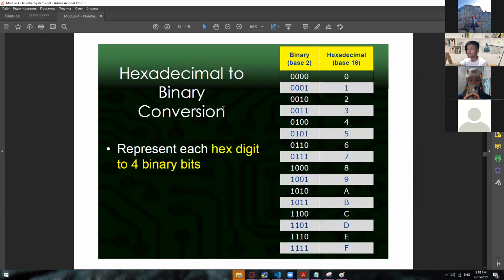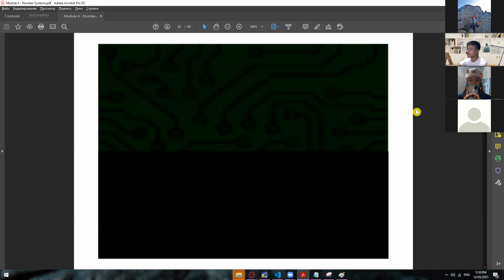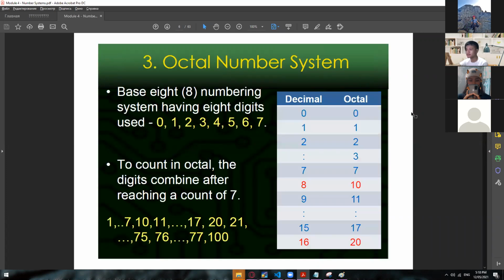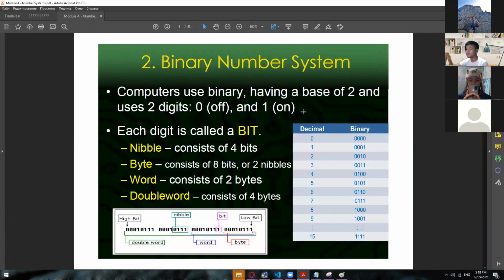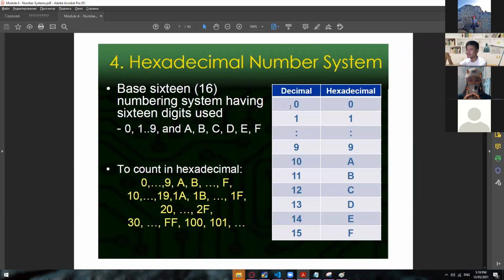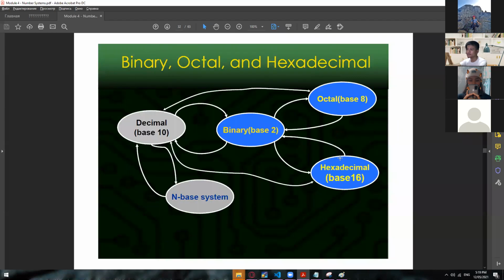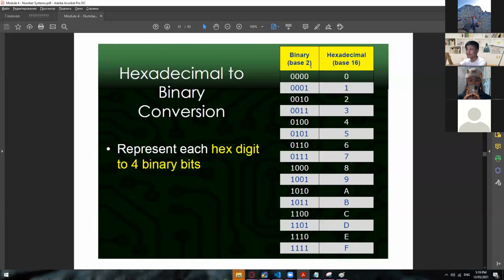Okay. So next one right here is hexadecimal to binary. Before we have decimal to binary, or decimal to hexadecimal rather, but in here we now have binary to hexadecimal, so it's not the opposite.